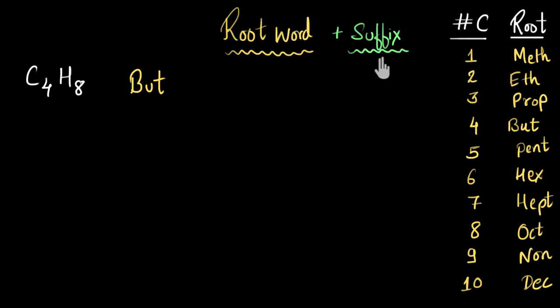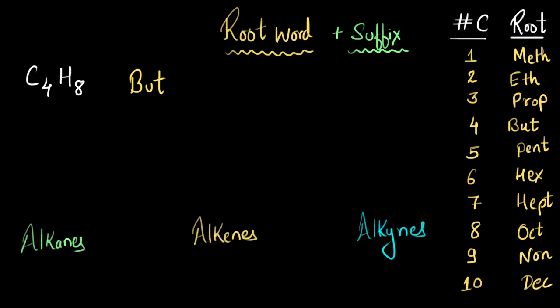Now the suffix denotes whether the molecule belongs to the alkane, alkene, or alkyne family. How do we find that out? By just looking at the formula. If you recall, in a previous video on alkanes, alkenes, and alkynes, we talked about the general molecular formula. Alkanes' general molecular formula was CnH2n+2, which means all alkanes will have the number of carbon atoms and hydrogen atoms in this proportion, with hydrogen atoms being twice the carbon atoms plus 2.